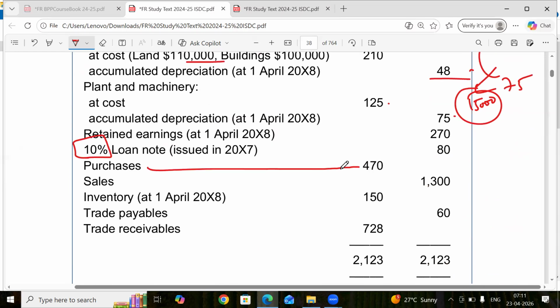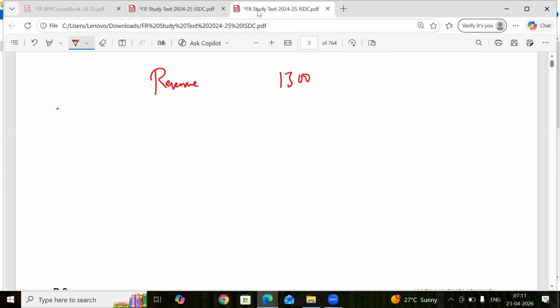Basically, they actually did not give the cost of sales amount, but purchases is a part of cost of sales. Purchases we have to take, opening inventory we have to take. So opening inventory is 150. This I'm doing for your understanding.